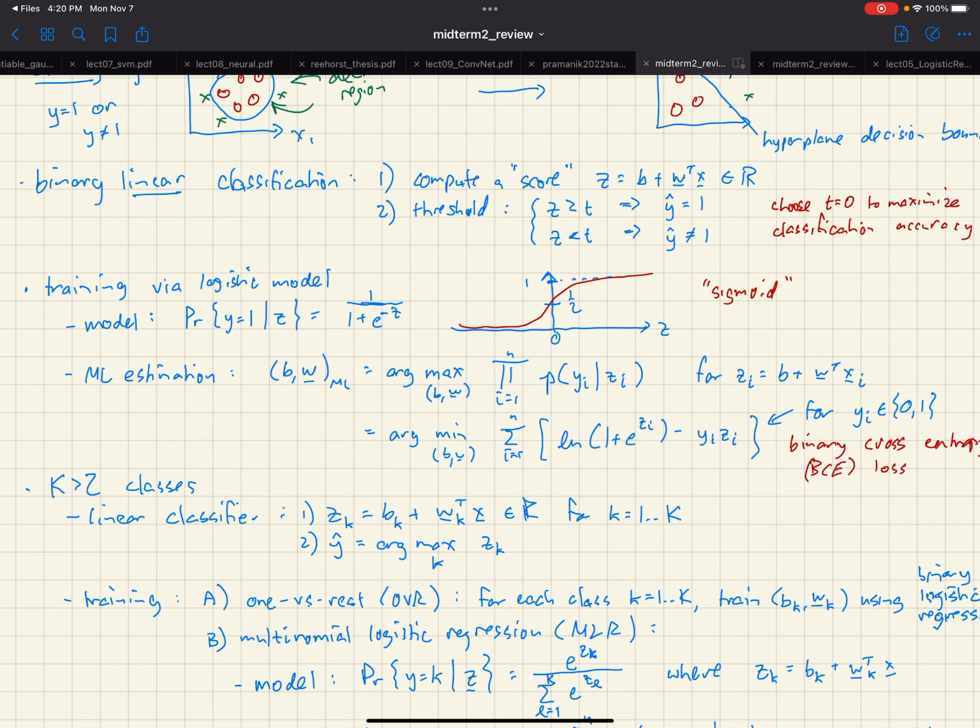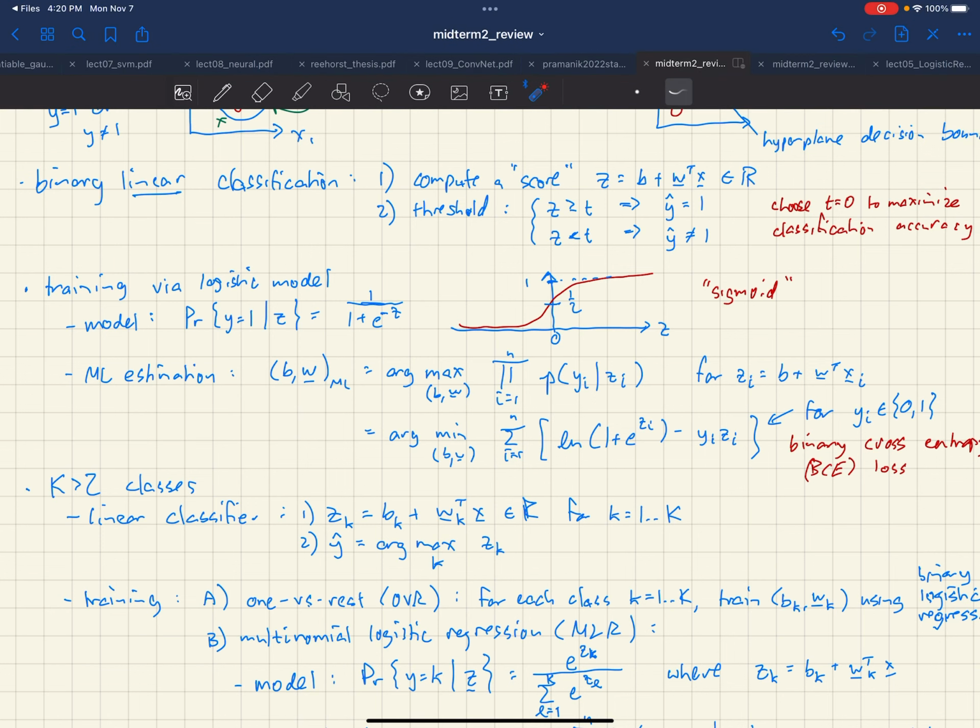Okay, so then when we have more than 2 classes, we have to start with saying, how do we do linear classification in that case? So the approach that we developed is based on this one versus rest idea. And what we do is, instead of having a single score like we did in the binary case, we actually have capital K scores when we have K classes.